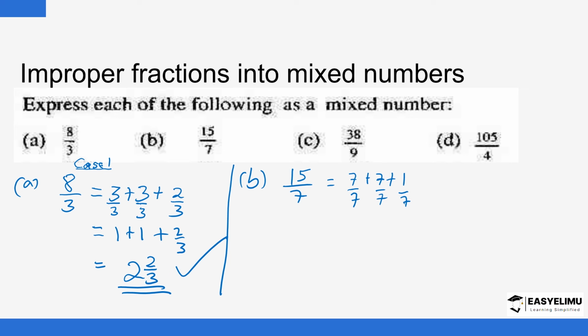So 7 divided by 7 is 1. Again, 7 divided by 7 is 1, but the last one will be 1 over 7. So this is just 2 and 1 over 7. So that is how we convert from an improper fraction to a mixed number, as you can see here.